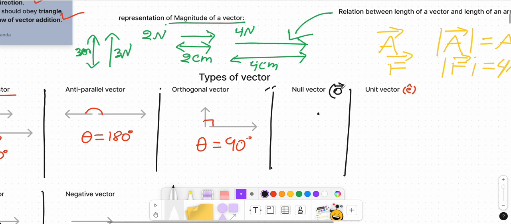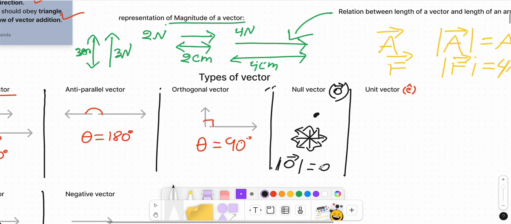Algebraically it is represented like this, 0 with an arrow sign, and graphically it is represented by a point. What about its direction? A null vector has all possible directions. In some books it is written that it has no direction, but that is wrong.